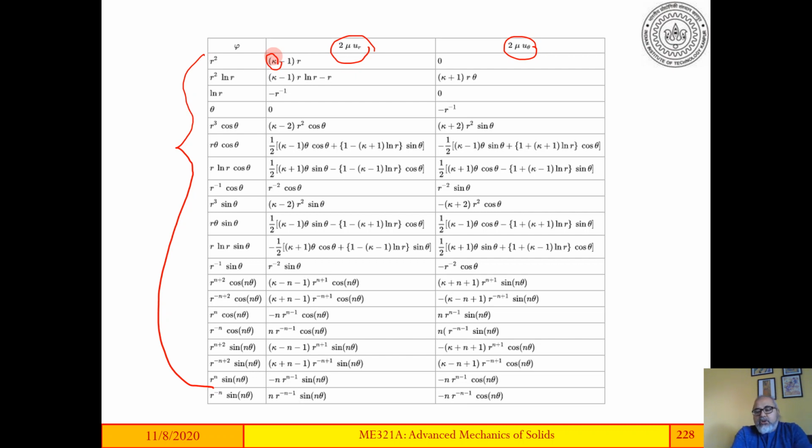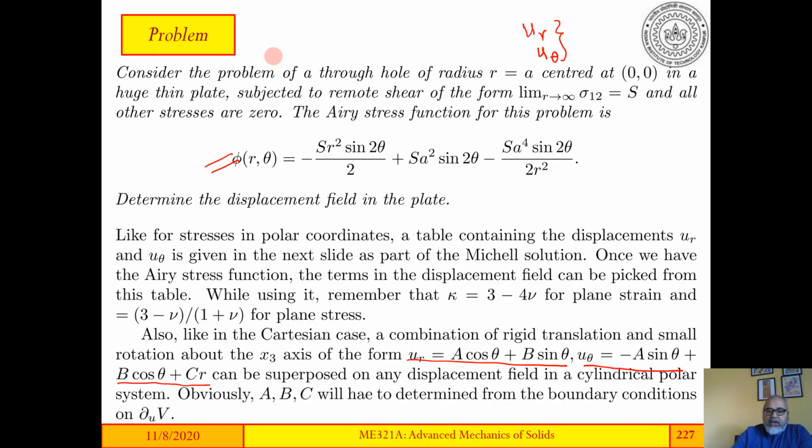Remember that the constitutive equations are slightly different for plane stress and plane strain, and therefore the strains that you get from the stresses are different, and those differences are carried over to the displacements as well. Kappa embodies that difference, and the value of kappa is equal to 3 minus 4 nu for plane strain and (3 minus nu) by (1 plus nu) for plane stress.